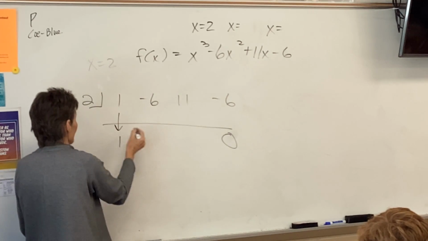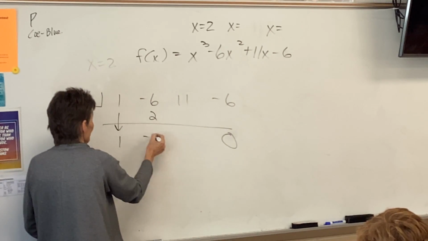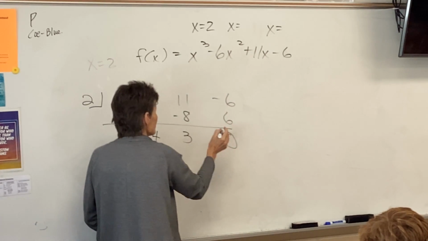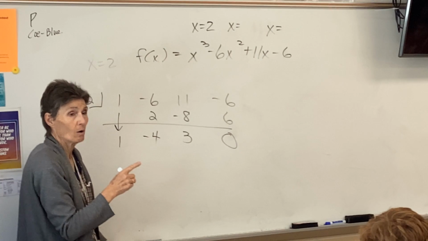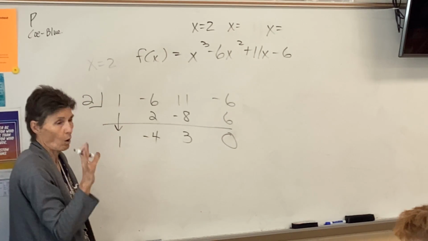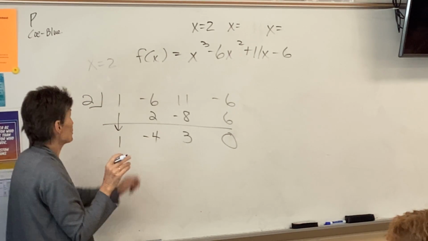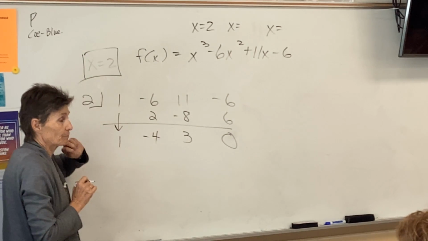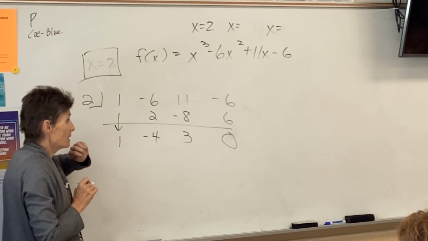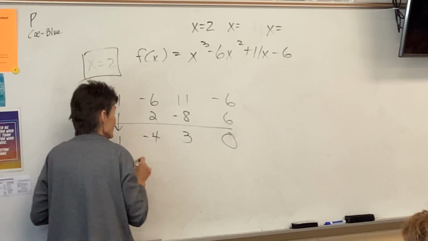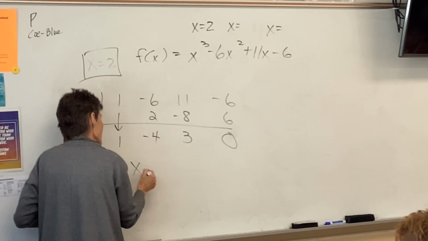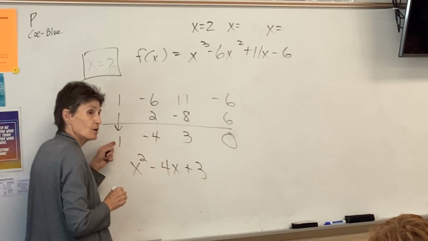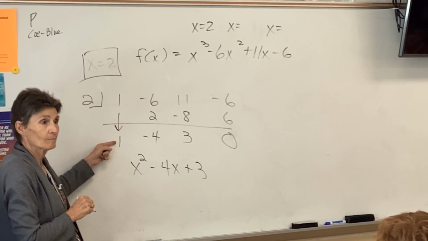So here we go, 2. Now, if you don't get a 0, then something is going wrong, because you have been told this is a root. And this is what I'm interested in, because isn't this going to give me the other 2?